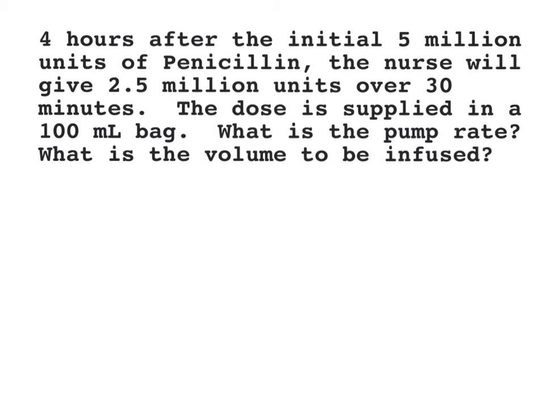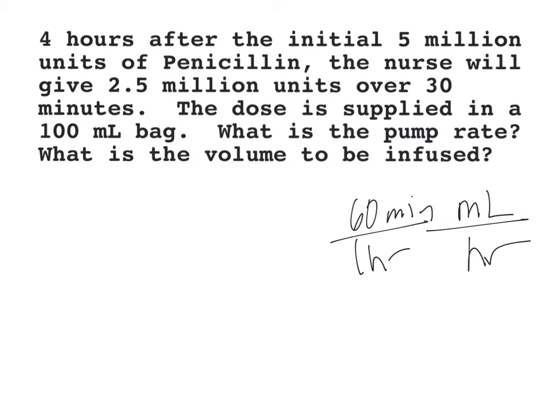Let's set it up the way we want to. We want to start where we hope to finish. So mLs per hour is what we want because that's our pump rate. Okay? What do we have? Well, we know that 1 hour is 60 minutes, and we want our 100 mLs to run over 30 minutes.